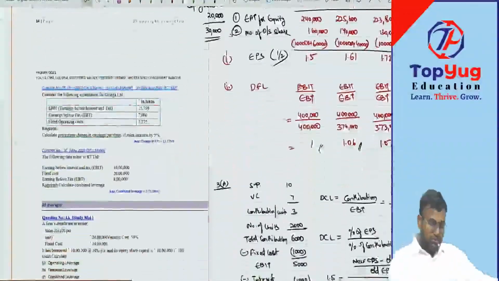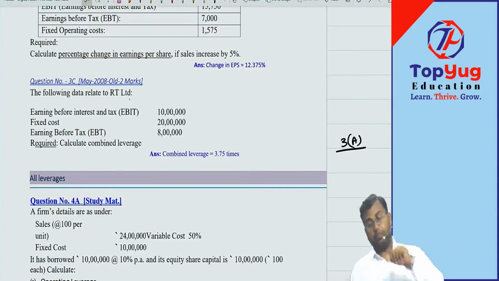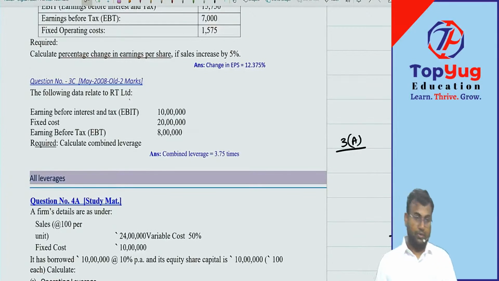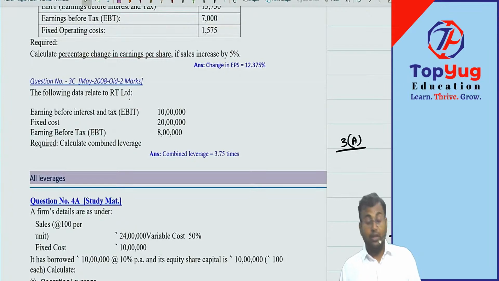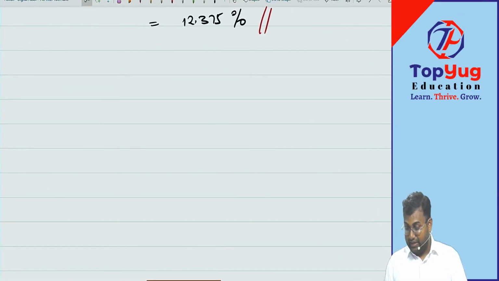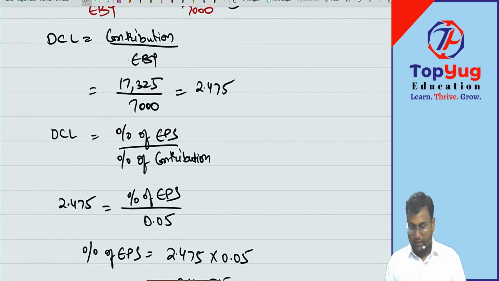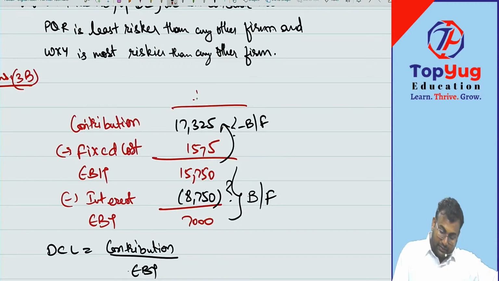Question 3C. Similar question to 3B. One point which I will tell you from when 3B was there: in one of the examiner's books, they had asked for some numbers here, and he forgot to write in lakhs.